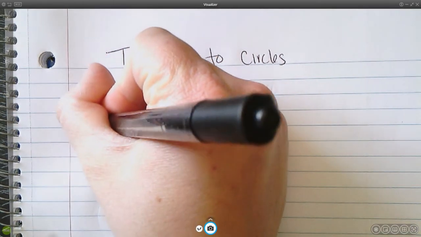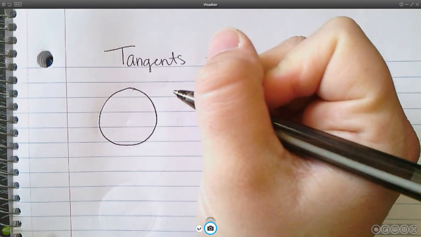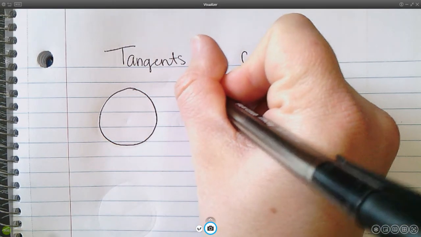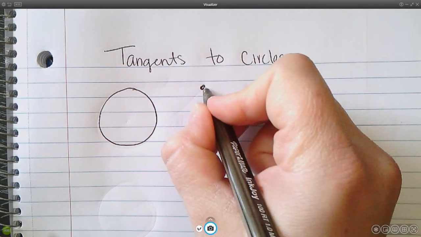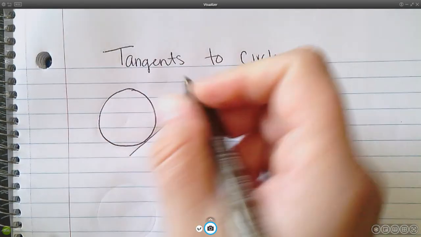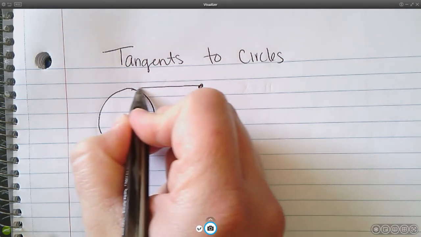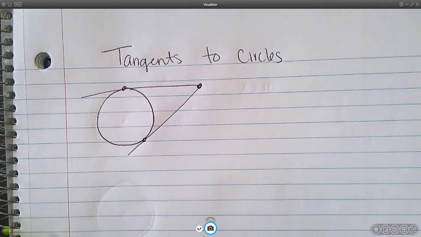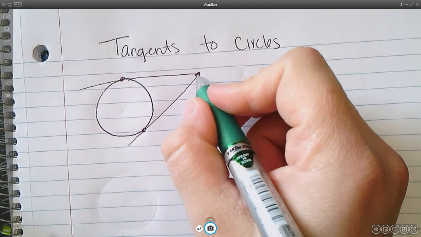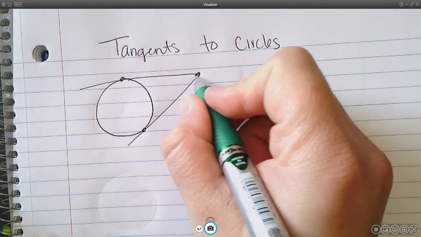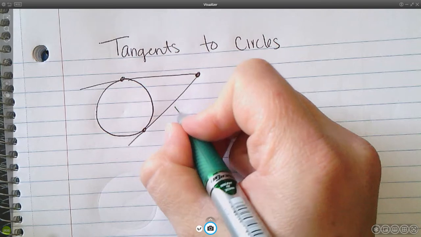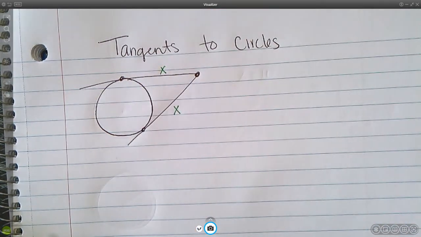The first one: if you have a circle and you have an exterior point, and that exterior point creates two different tangents to your circle, the two lengths from this exterior point to these two points of tangency are the same. So if this is x, this is also x.